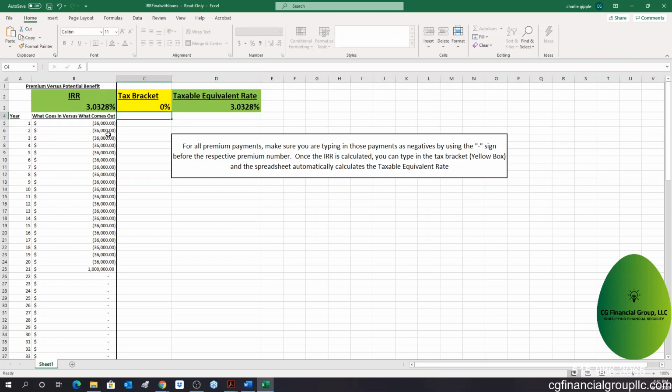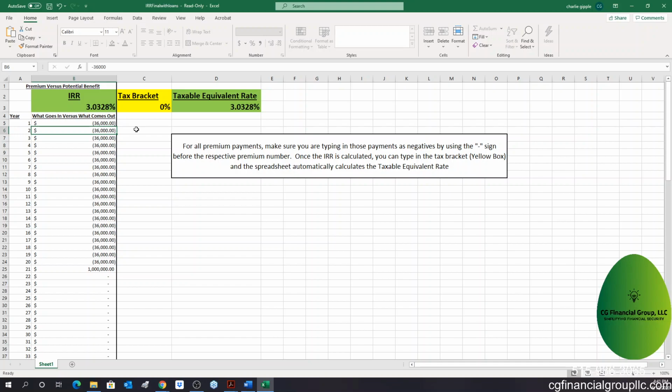Now, this particular friend of mine says, okay, there are certain folks out there that would tell me that if policy loans are available, say at the end of year one, what if I turned around after paying my $36,000 premium and took a loan against the policy and got cash in hand, say to the tune of $10,000?